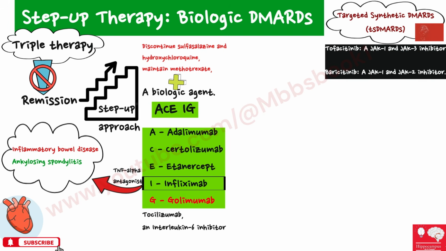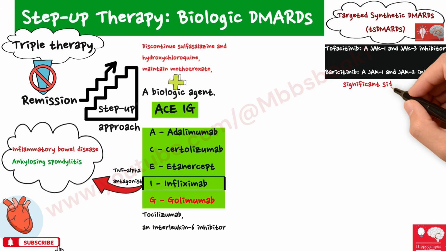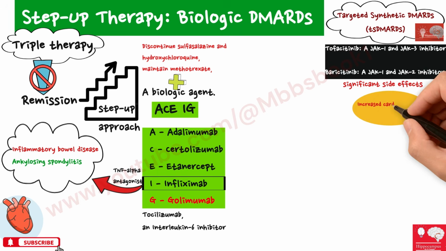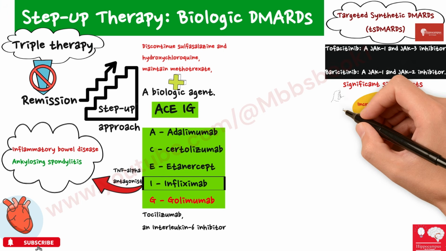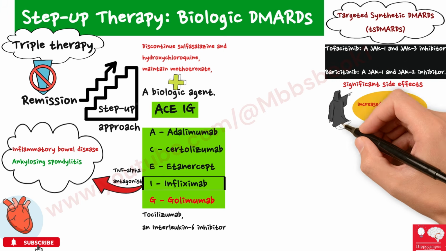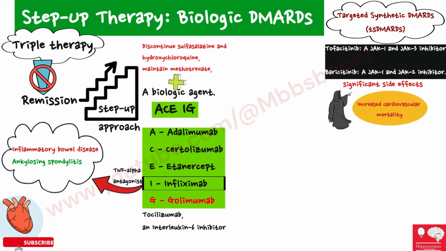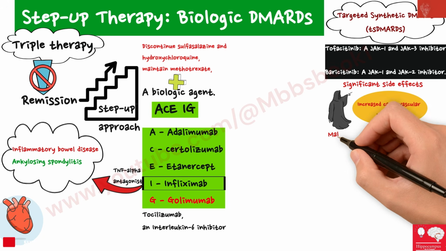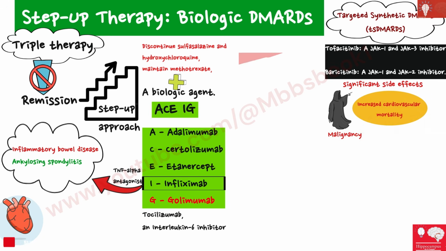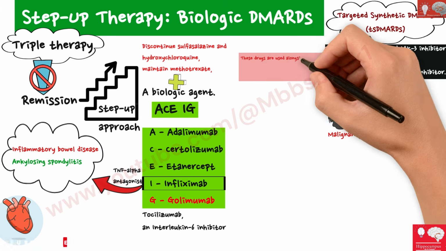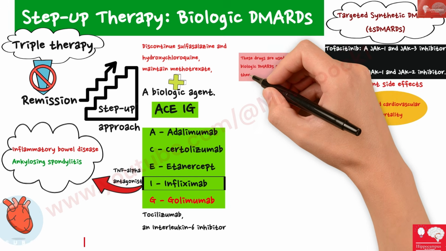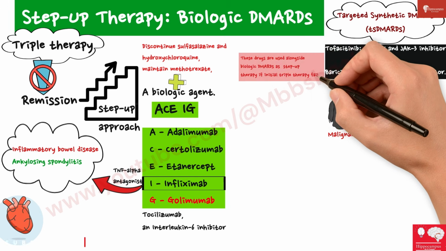Caution with JAK inhibitors, recent clinical trials have highlighted significant side effects. Increased cardiovascular mortality, a critical concern since ischemic heart disease is already the leading cause of death in RA patients. Increased risk of malignancy. These drugs are used alongside biologic DMARDs as step-up therapy if initial triple therapy fails.